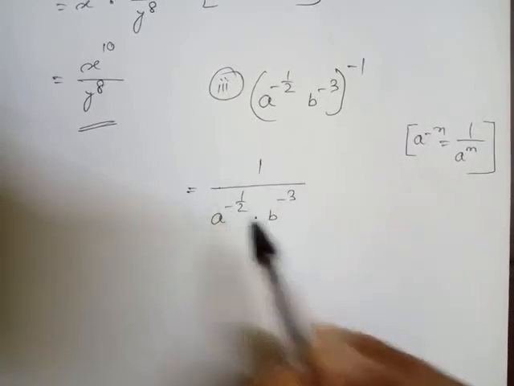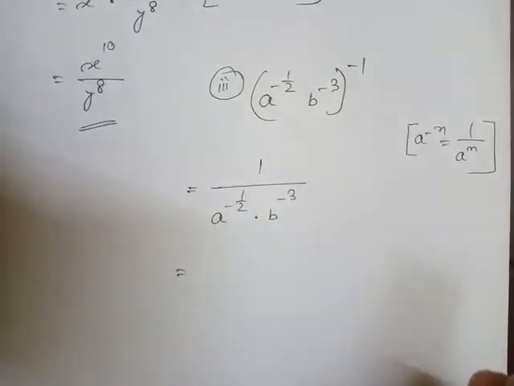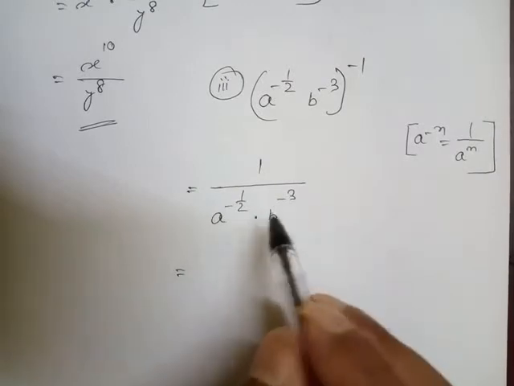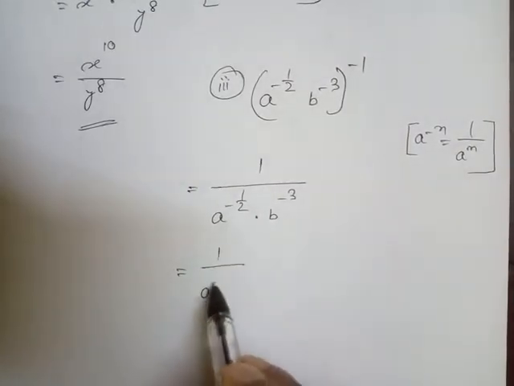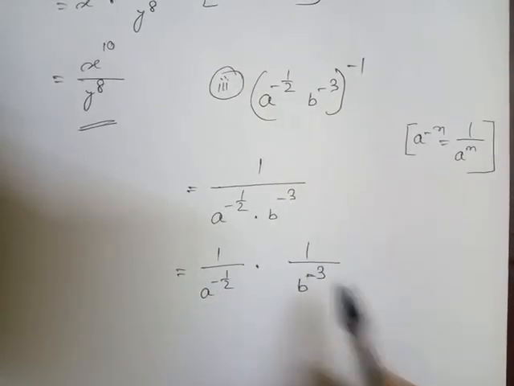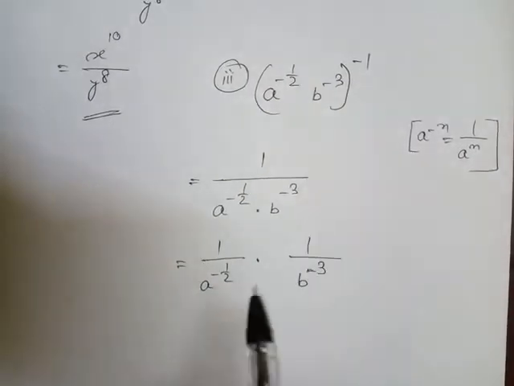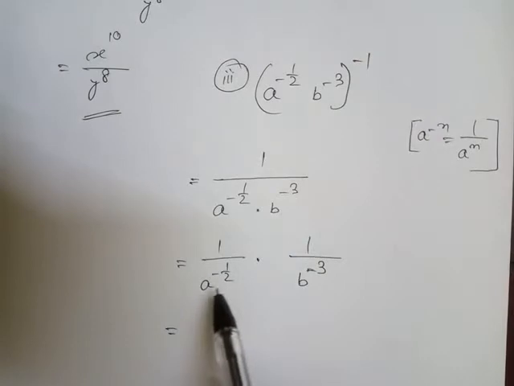Now here also we can use the formula. One more thing we can do, that if we split up this one, since this is in multiply, so 1 by a to the power minus half into 1 by b to the power minus 3. Now in the next step, this is again 1 by, we can use this formula here also, a to the power minus n.